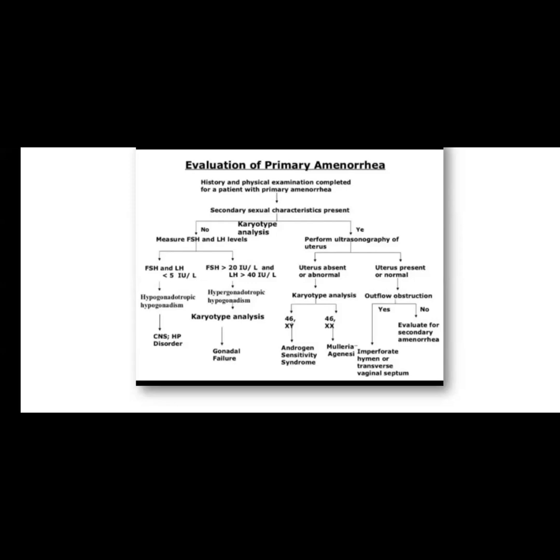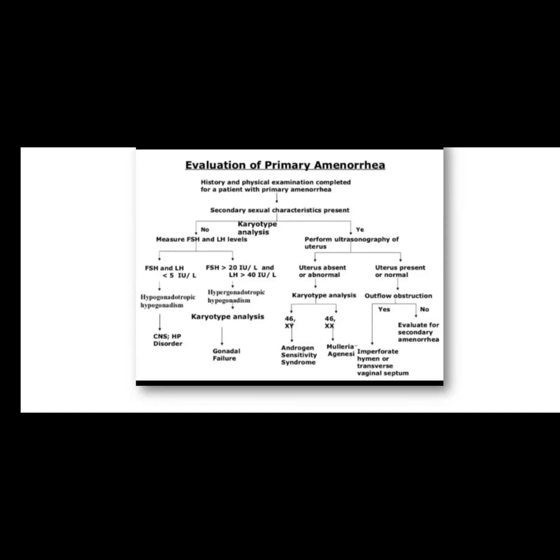However, if the secondary sexual characteristics are absent, we will measure the follicle stimulating hormone as well as the luteinizing hormone. If the follicle stimulating hormone and luteinizing hormone are on the lower side, that is less than 5 international unit per liter, then the patient is having hypogonadotrophic hypogonadism.